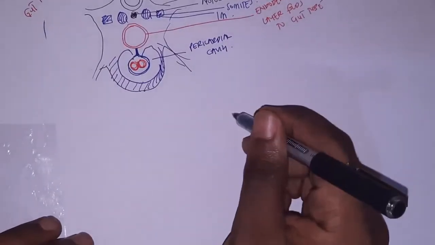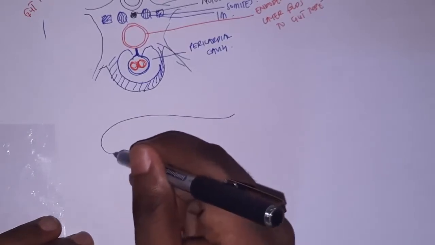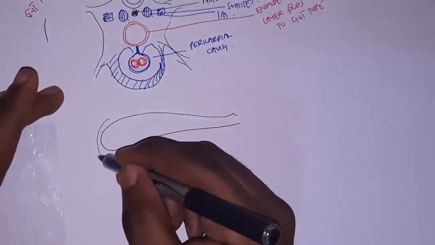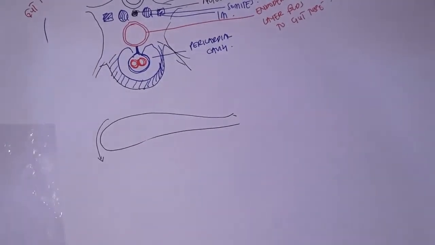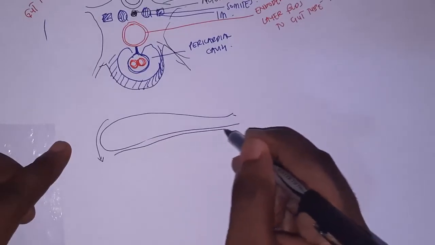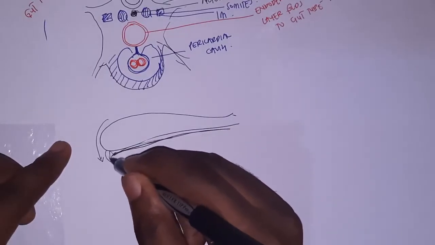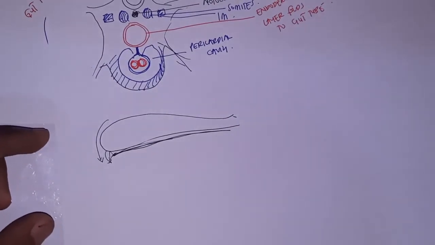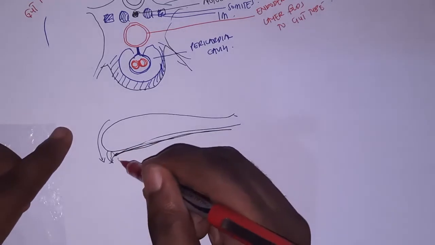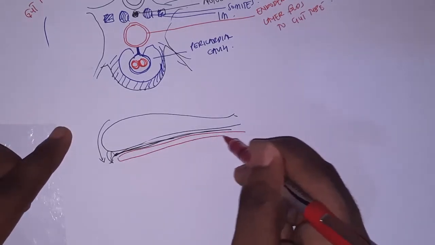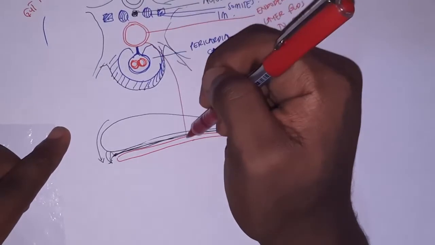So the neural tube is going to be this big because it grows and it bends craniocaudally. You also have the notochord, this black notochord, which has also bent. You also have the gut tube this way.